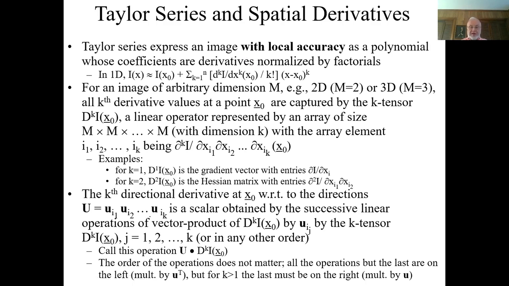So for the second derivative term, you have a d2i by dx by dx, you have a d2i by dx by dy, you have a d2i by dy by dx, and you have a d2i by dy by dy, and all of them are divided by 2 factorial.